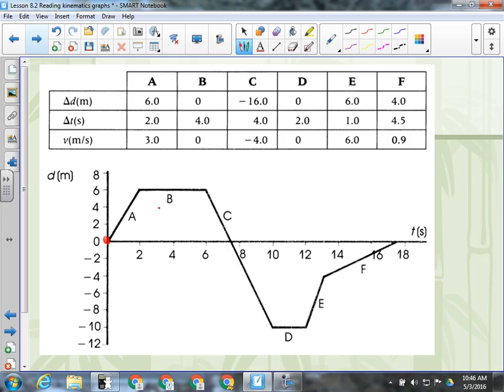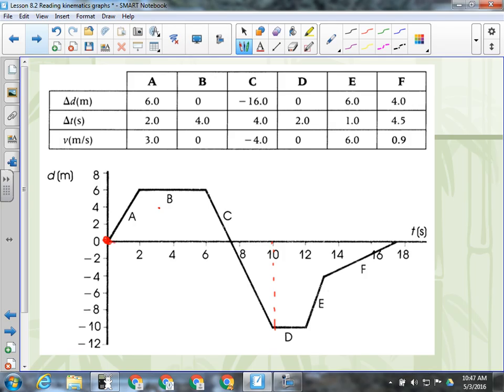What if I asked you to calculate the average velocity between the start and 10 seconds? I would use the equation for velocity. I can't use slope here because look at my graph, I can't use these lines. They're all different.